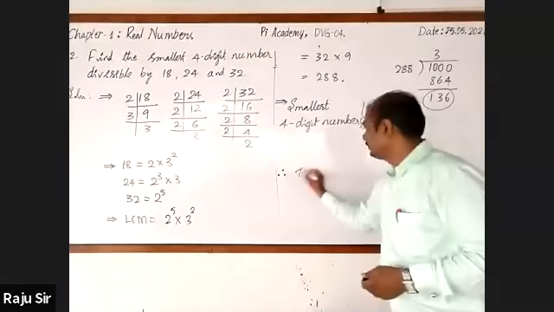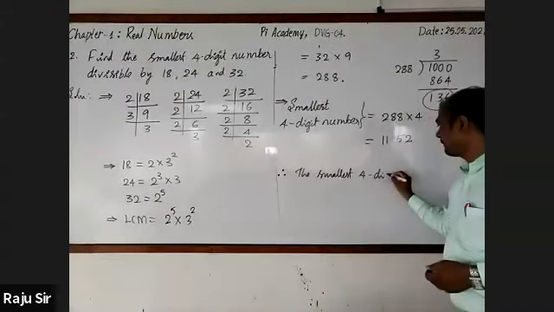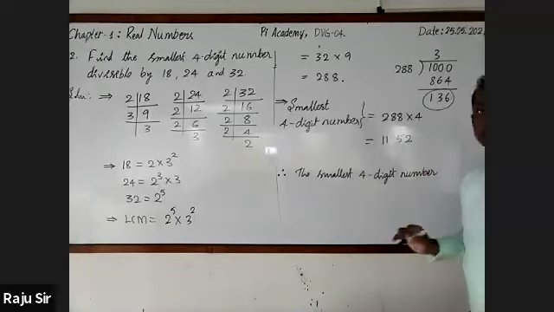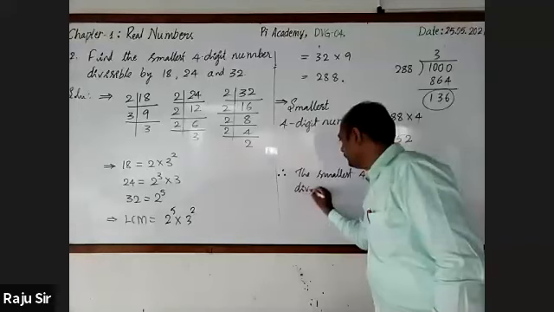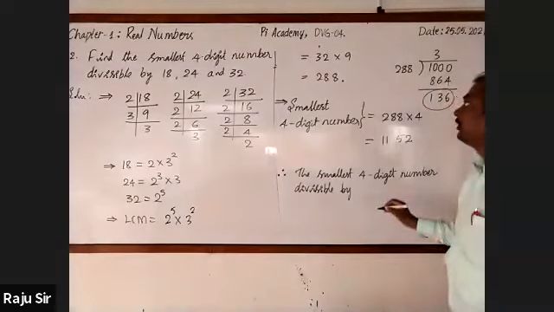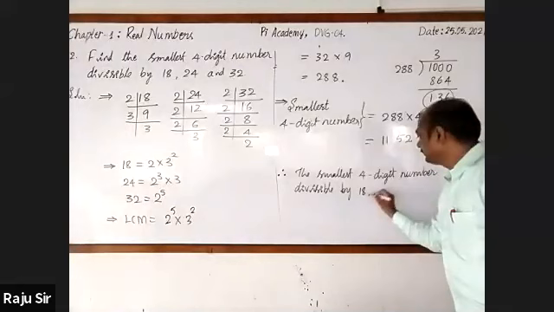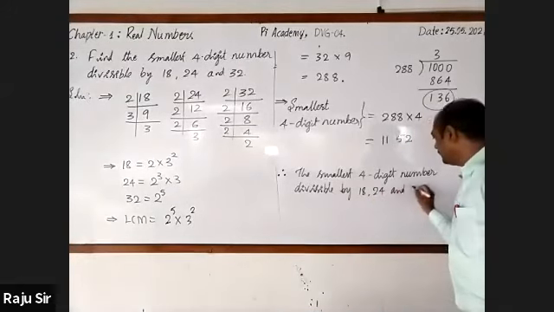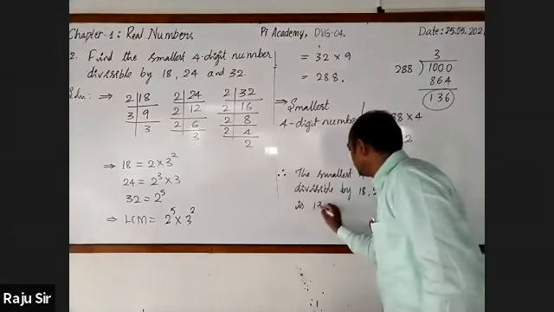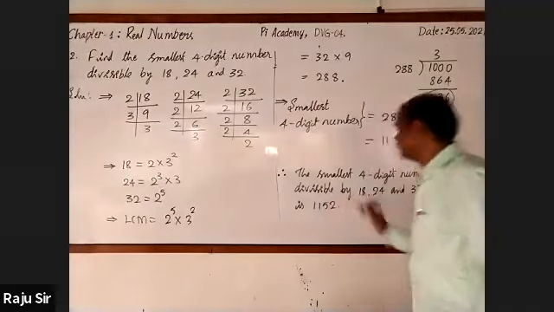Therefore, the smallest 4-digit number divisible by 18, 24 and 32 is 1152.